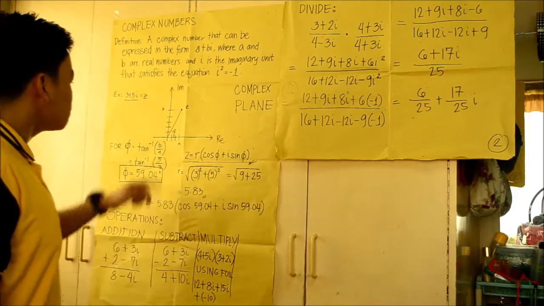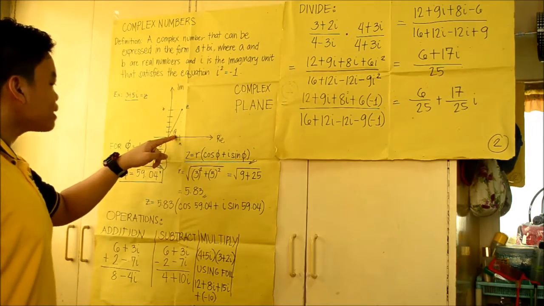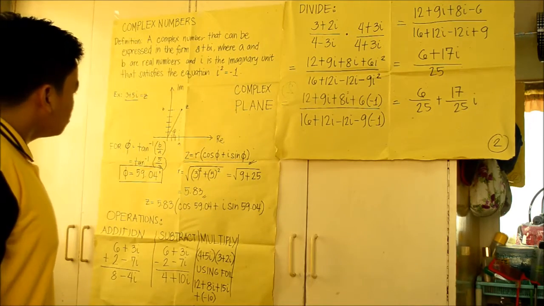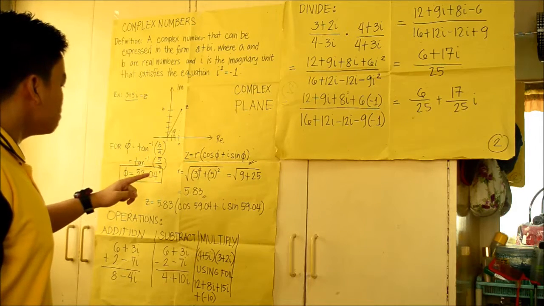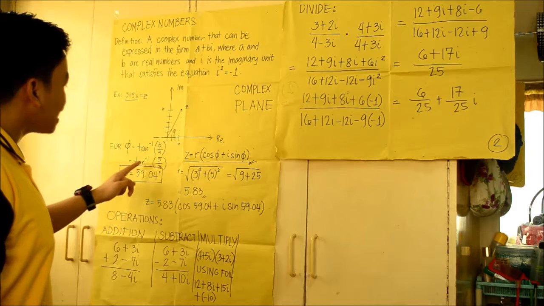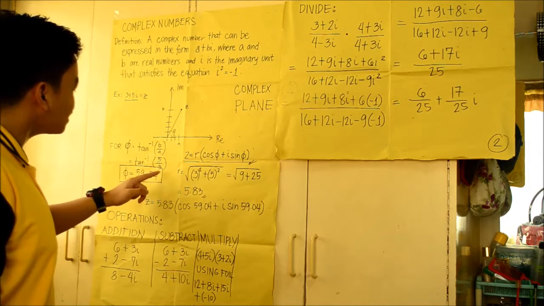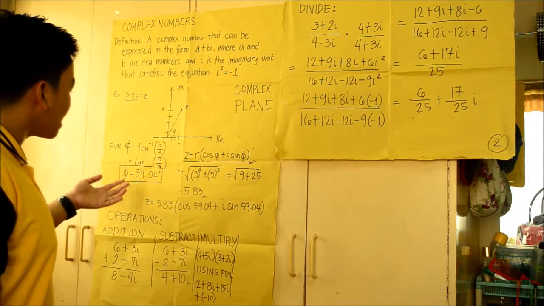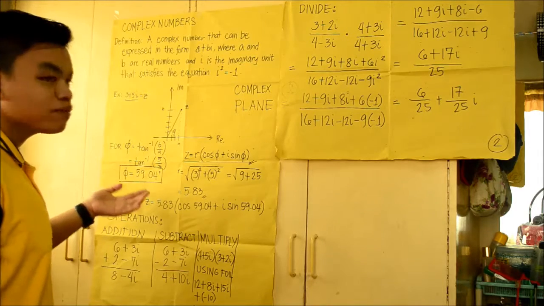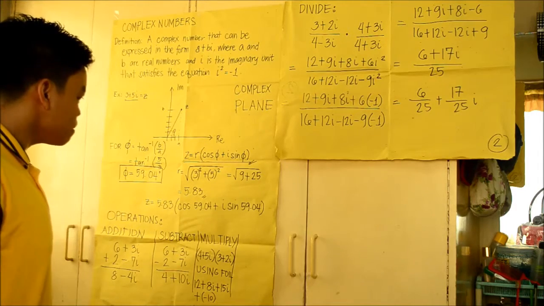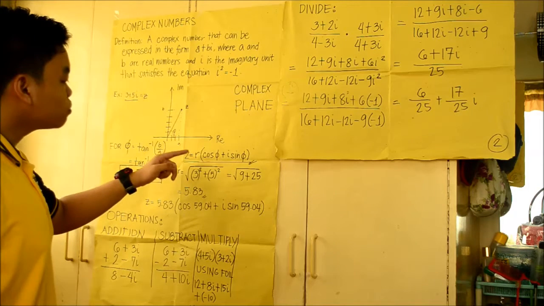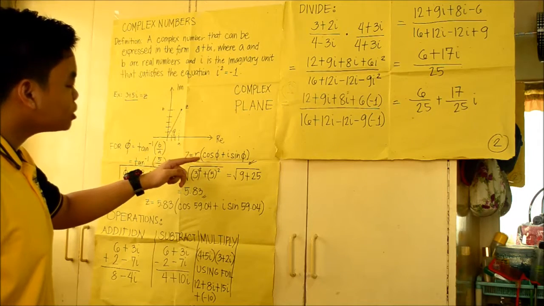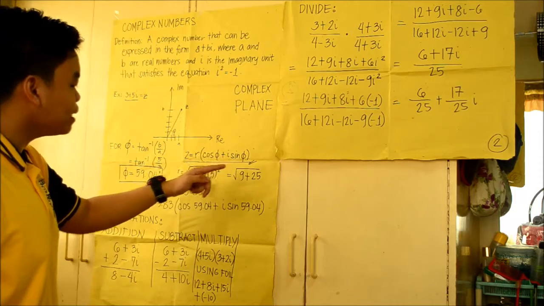For this angle, we will get that by using inverse tan of b over a, wherein inverse tan is 5 over 3. Then we will get the angle phi is equal to 59.04 degrees. And for this formula, z is equal to r times the quantity cos phi plus i sine phi.